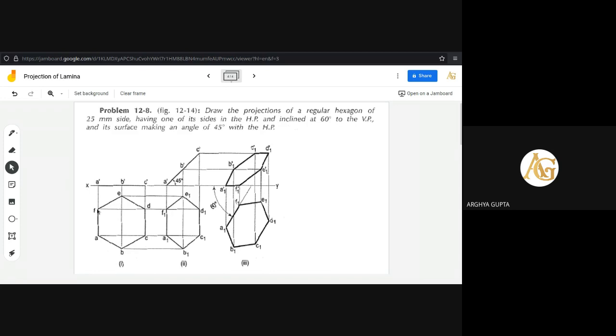Now draw projection lines. B and E will coincide, C and D will coincide, and A and F will coincide. So the name of that point is A dash, F dash. Firstly B will come, then E, so B dash, E dash, and C, D, so C dash, D dash.